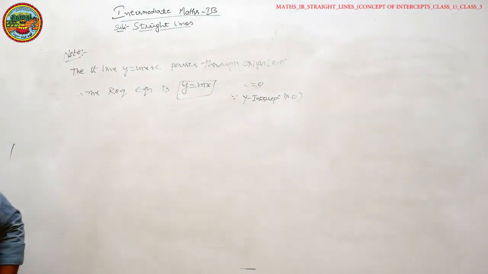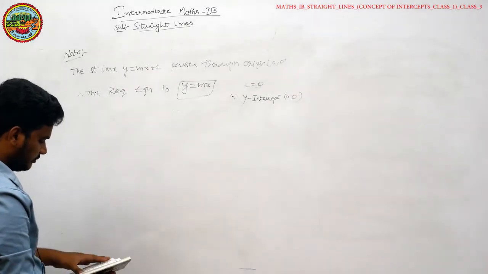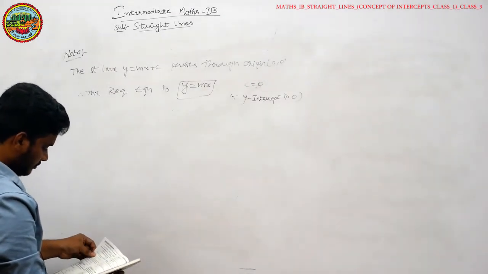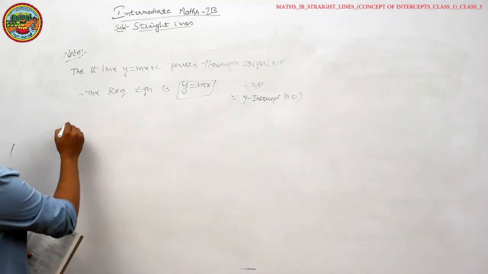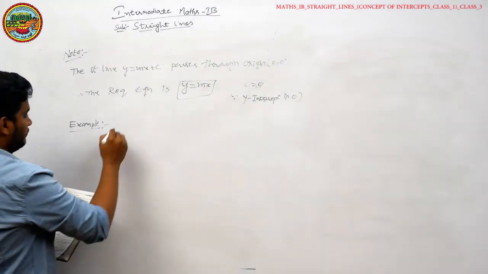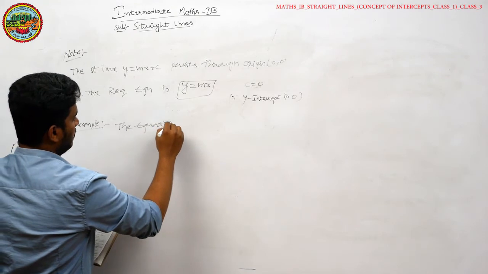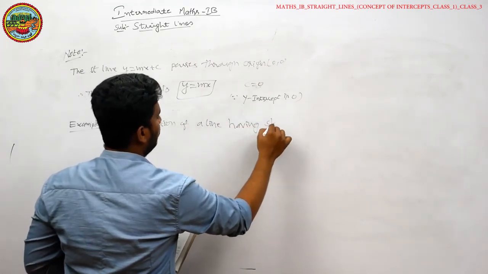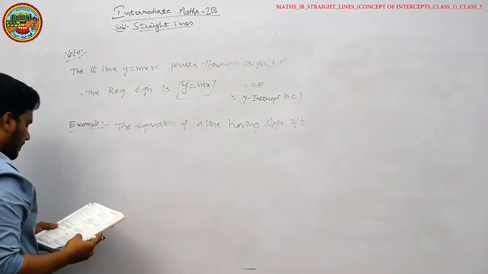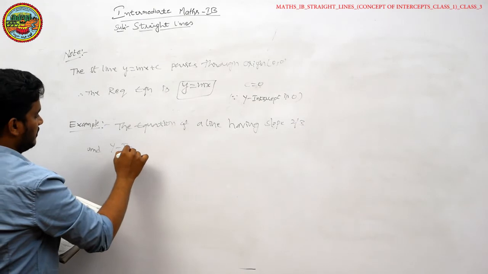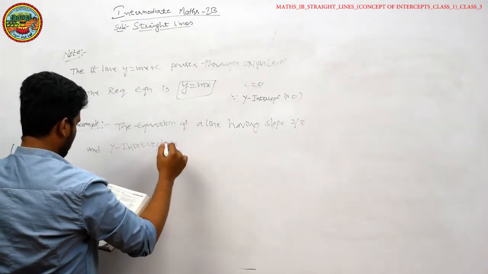So let us see one example. The equation of a line having slope 2 by 3 and y-intercept is minus 5.